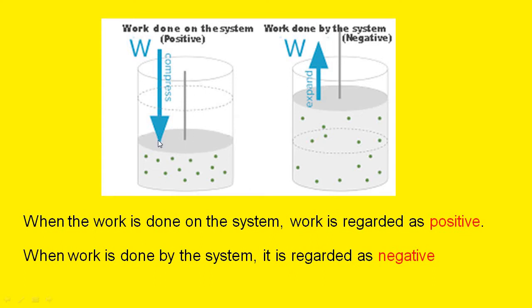That means compressed. And here, this is the initial position, and it has been expanded. That means work done by the system, and you regard it as negative. So work done on the system is positive and work done by the system is negative.